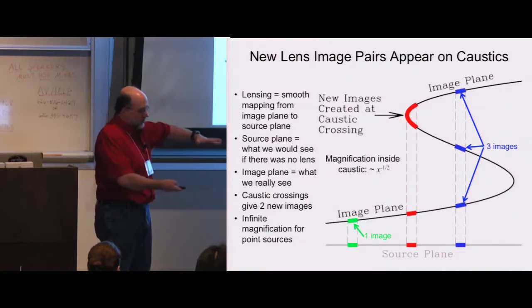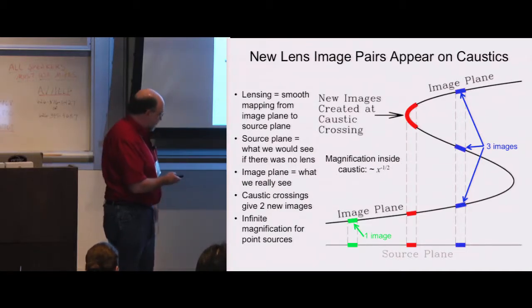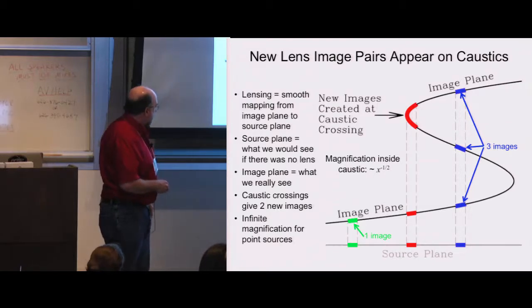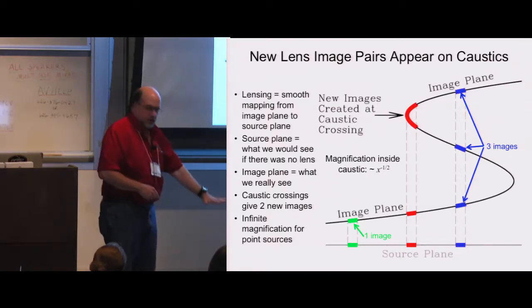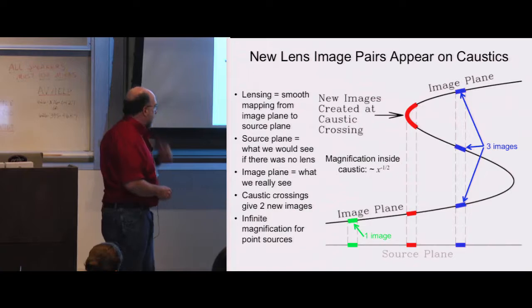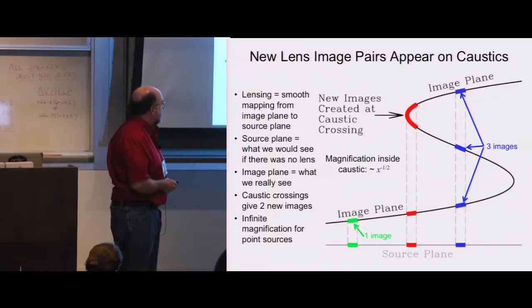So you imagine you have some sheet that's deformed in some way and maybe multi-valued, and just project it straight down to the floor to make the mapping between the image plane and the source plane.